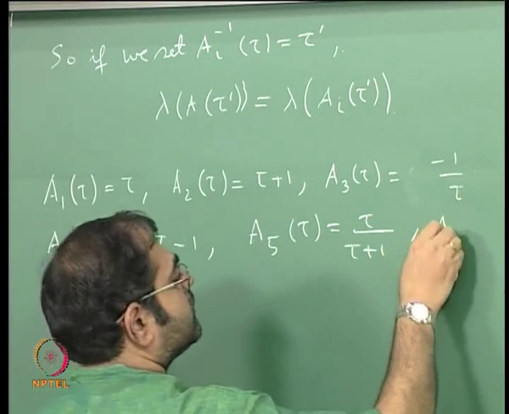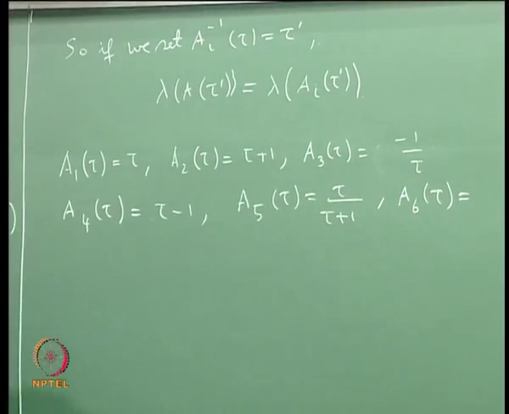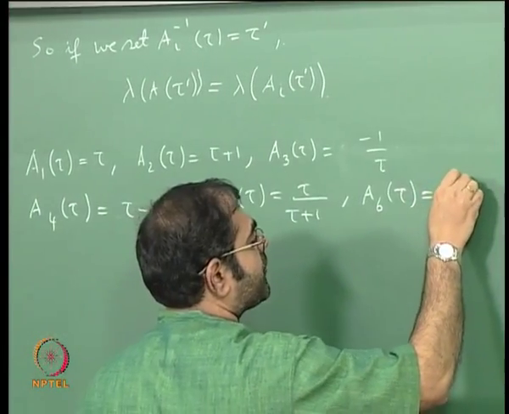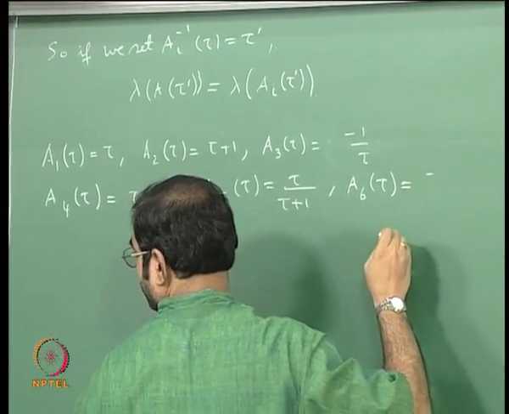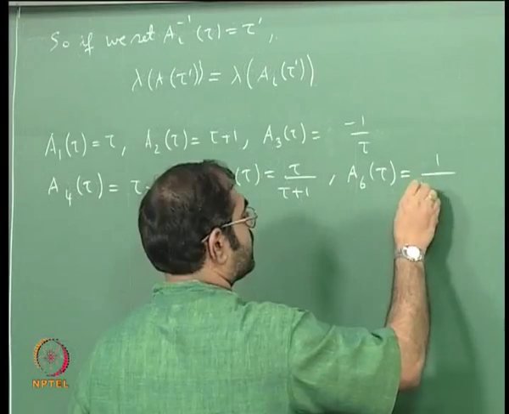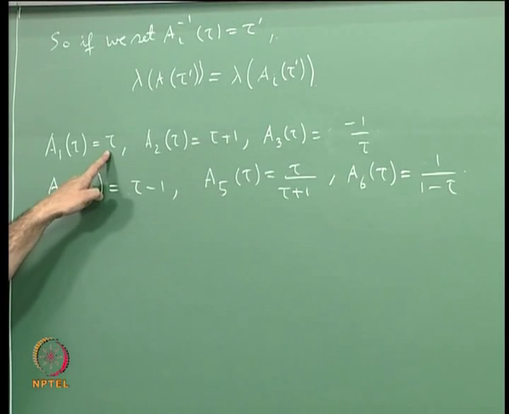And A6 of tau is tau by minus tau plus 1, so it is 1 by minus tau plus 1, which is 1 by 1 minus tau. So these are the simple Mobius transformations.